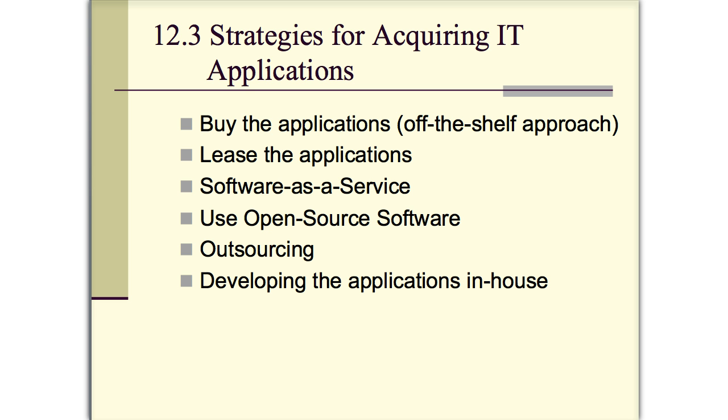This is going to be one of the more expensive ways of doing that, particularly if you're doing a lot of customization of the software. And then of course developing the applications in-house. If you have the brain power to do it in the organization, you can have that done. It's going to be less expensive than some of the other options.